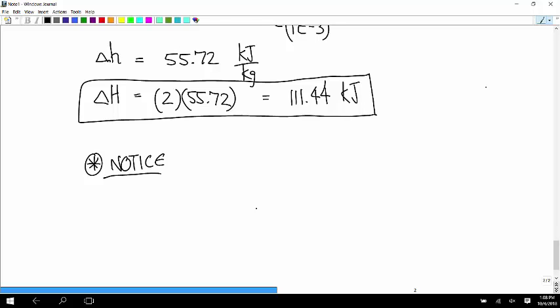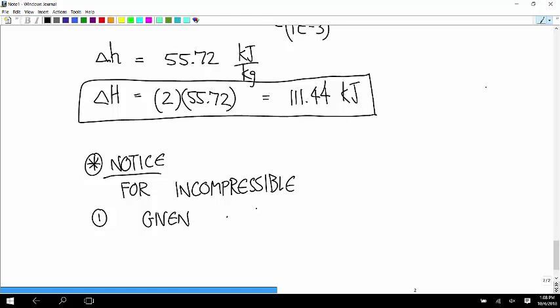Notice for an incompressible material, first, if we're given the value of the specific heat, we can calculate the change in specific internal energy. This isn't looking it up in a table.